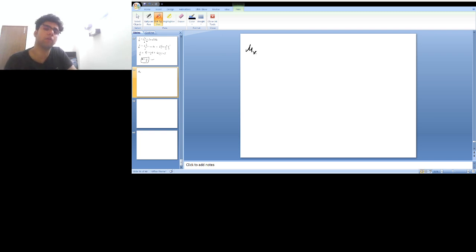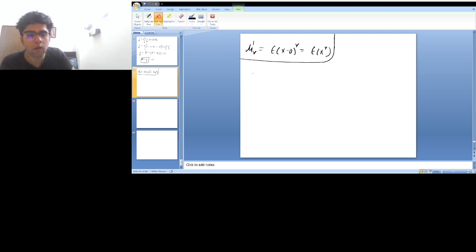If we needed to find the rth moment about the origin, I would have put mu 1 dash equal to E of x minus 0 to the power r, and this would be equal to this part. We don't need to find this, but I'm leaving it here. We need to find E of x minus mu bar to the power r.